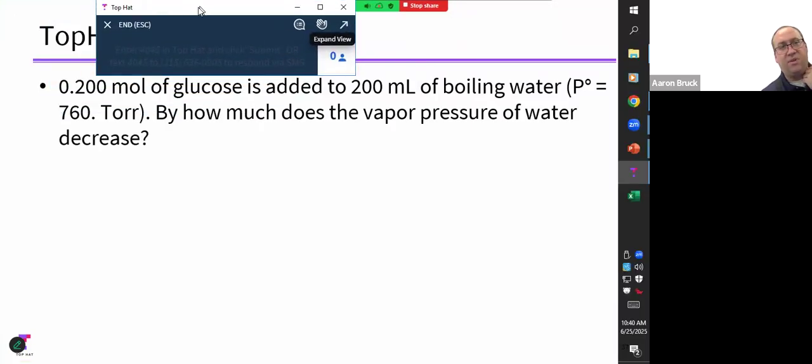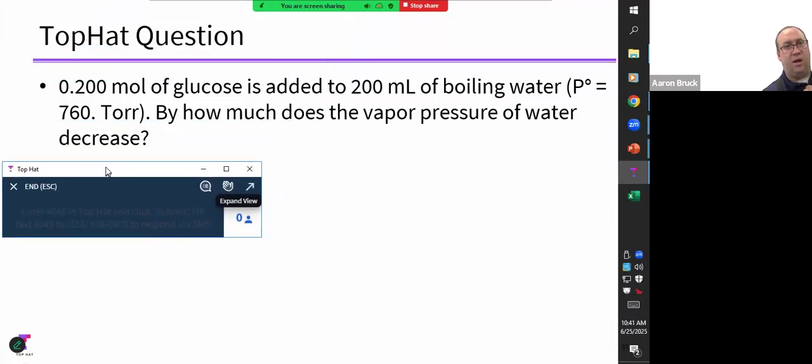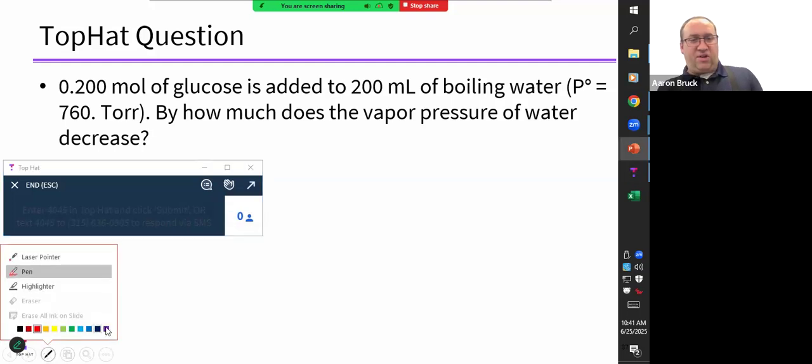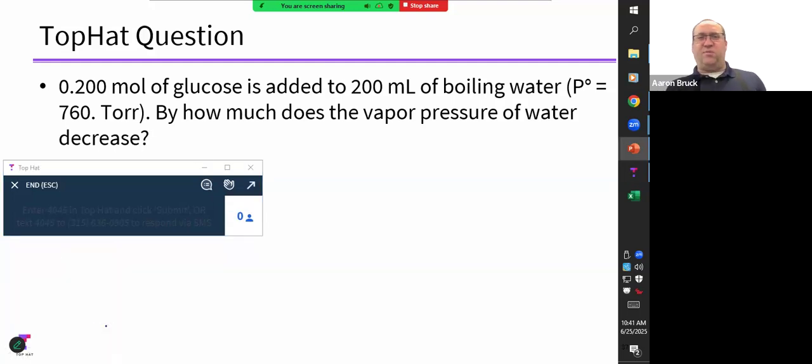All right, we had to add a couple of details here to help us out. We're talking about boiling water here, which means that the vapor pressure is equal to atmospheric pressure, which we're just going to assume is 1 atmosphere, 760 torr.